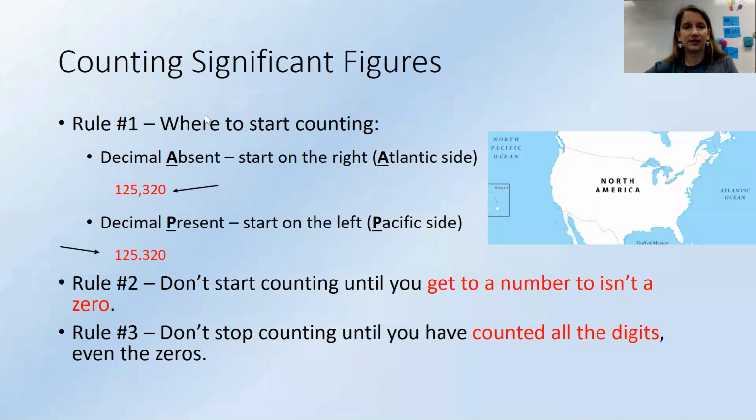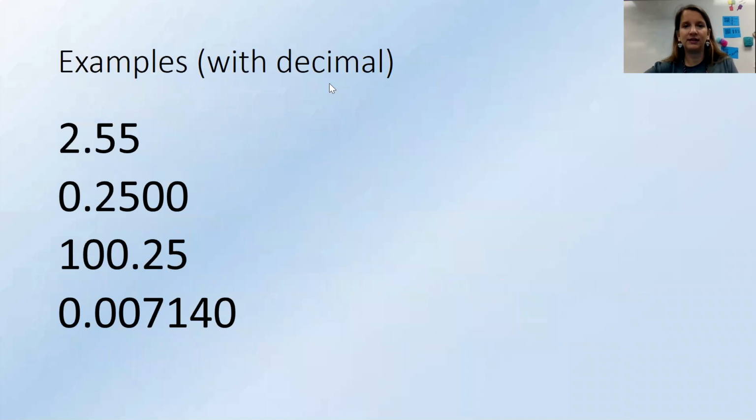Okay, so let's practice. All of these examples have decimal points, so for all of these, we would start counting from the left. It's important to figure out which side to start counting on. You always go to your first non-zero, start counting, and keep counting.